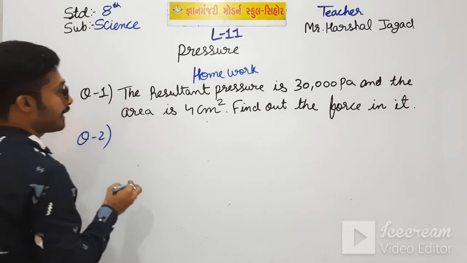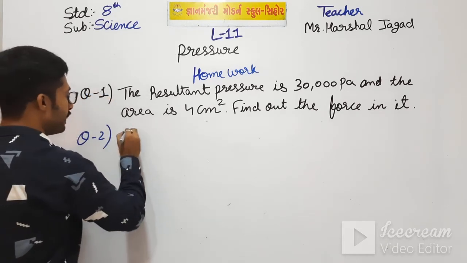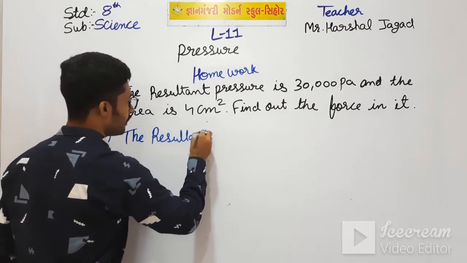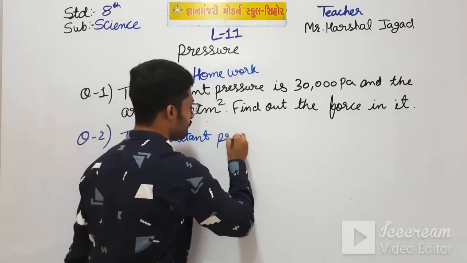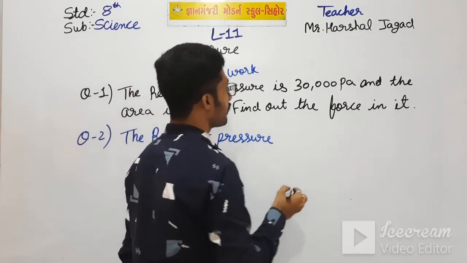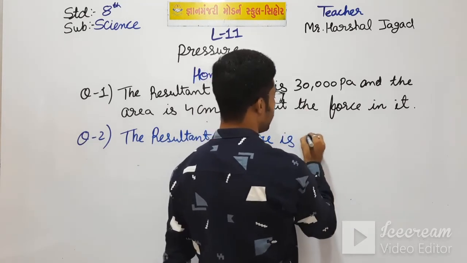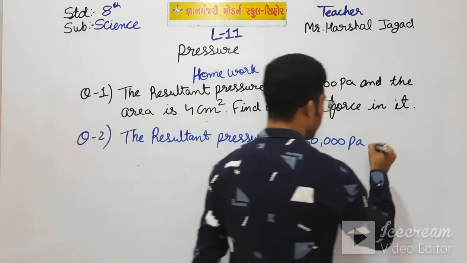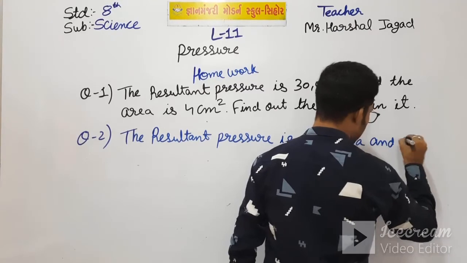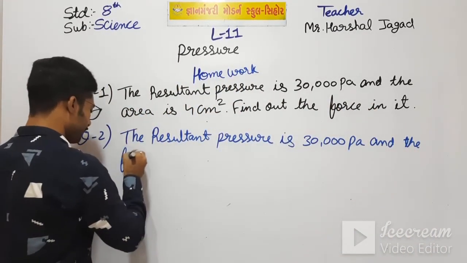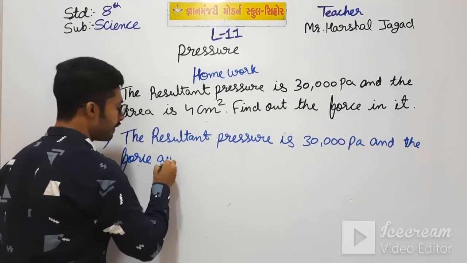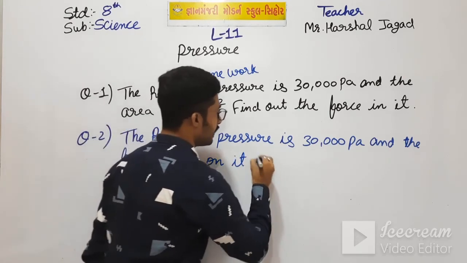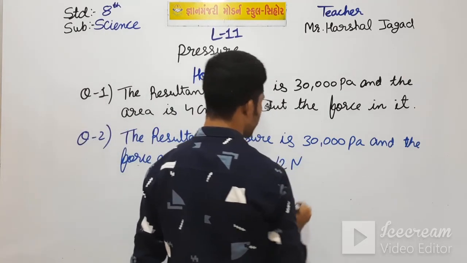Question number 2. The resultant pressure is the same, 30,000 Pascal, and the force applied on it is 12 Newton.